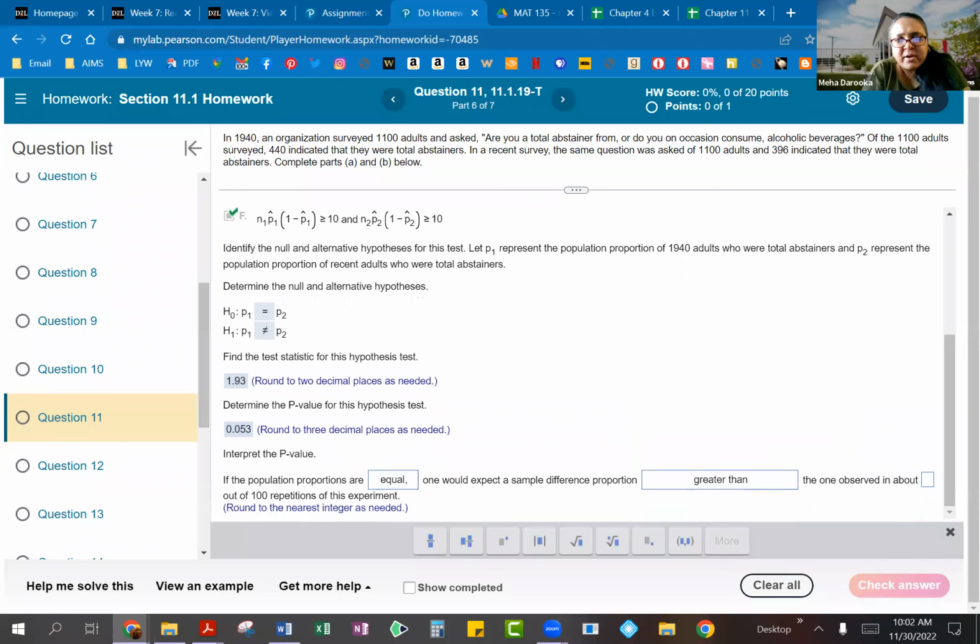And this is where you kind of have to use the information given to you in the p-value. So you can see they're talking about, okay, if you are observing out of 100 repetitions, how many are changing? Well, look at the first two decimal places, because that is going to be out of the 100. So that means you are looking at 5 out of 100.